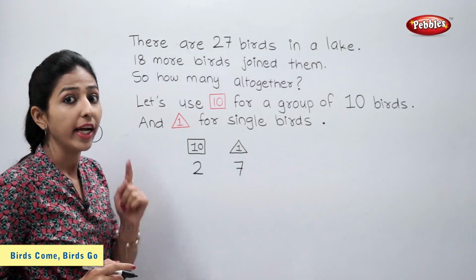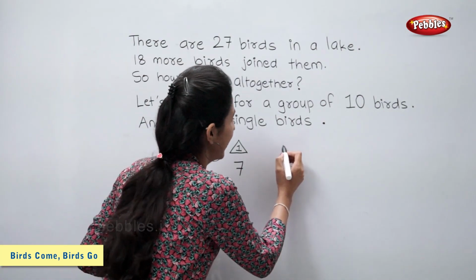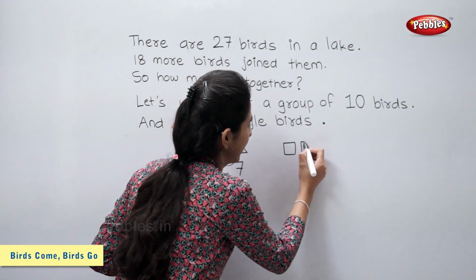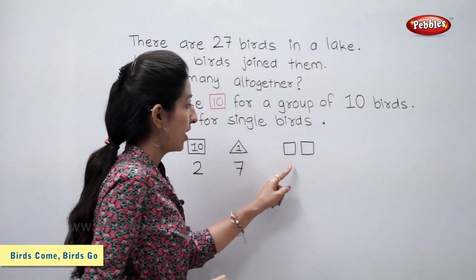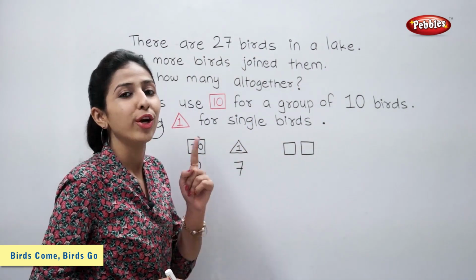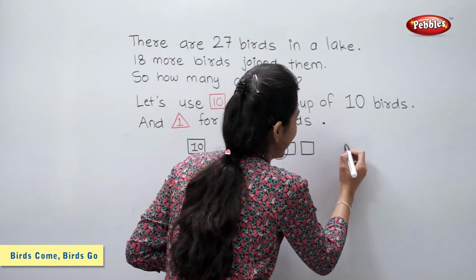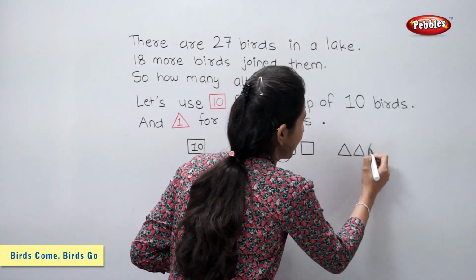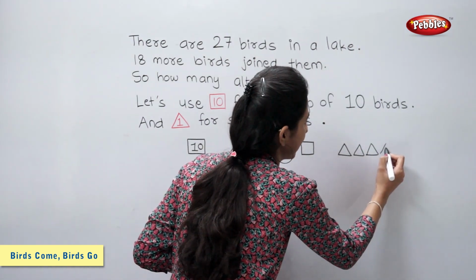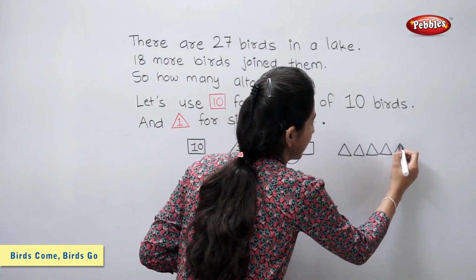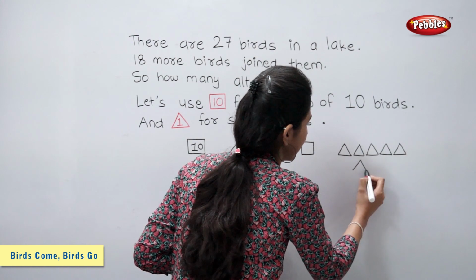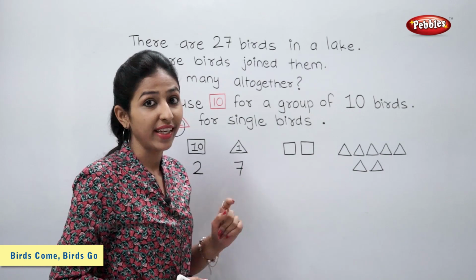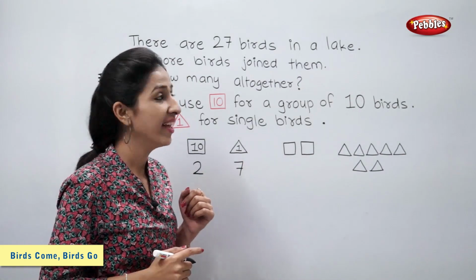We can also write 27 as 2 squares, that means 2 tens, seven triangles means 7 ones.